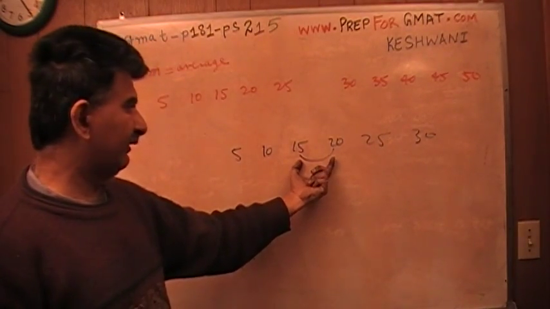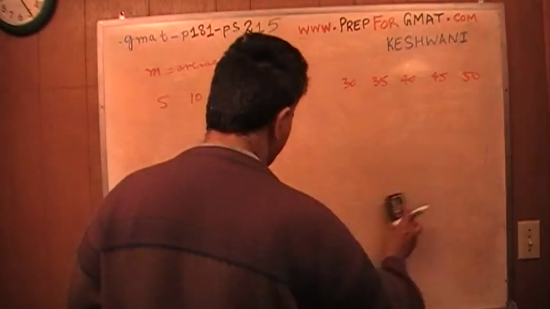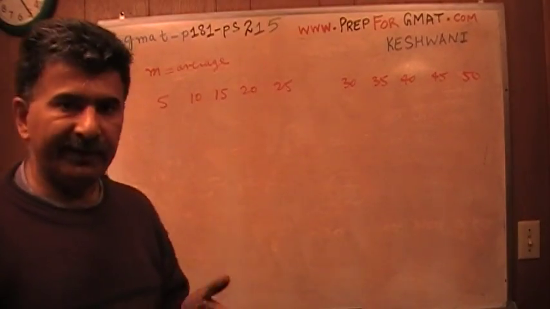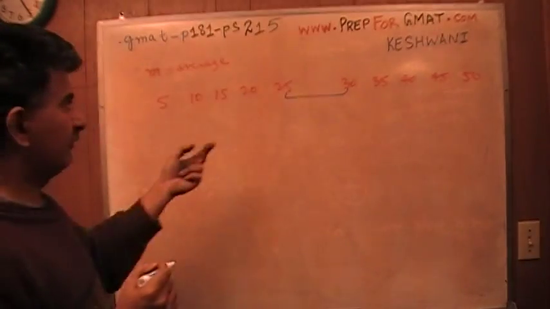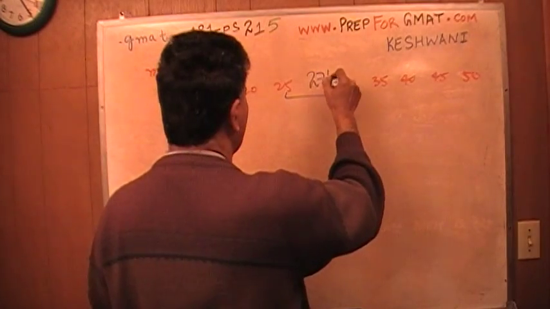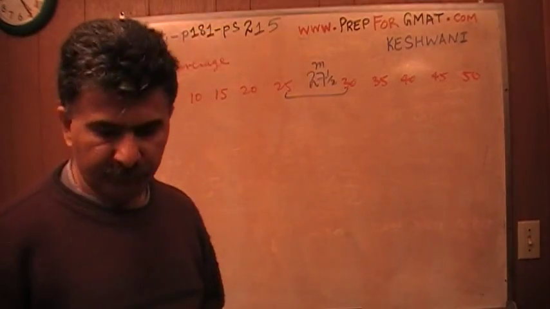In this case, it's going to be 17.5. So let's see what it is here. Since we have an even number of numbers, the average of the whole series is going to be the average of these 2 numbers, which is going to be 27.5, which is your m.